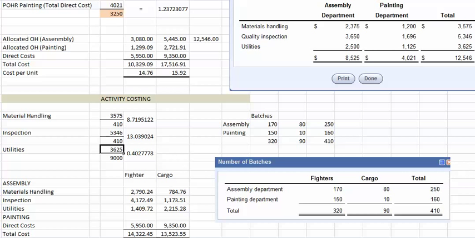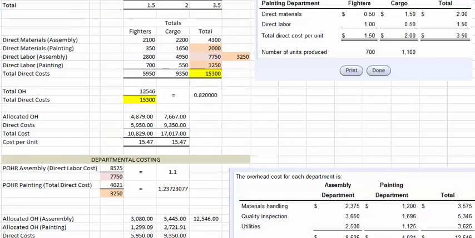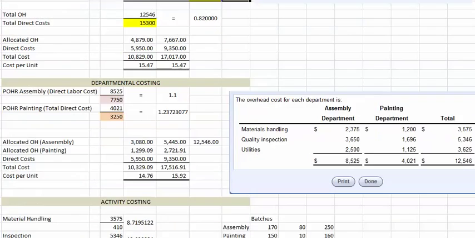For utilities, our overhead cost is $3,625, and we're going to allocate this on the basis of, we are told, total direct labor cost in both assembly and painting, and that would be our $1,250 plus our $750 or $9,000.